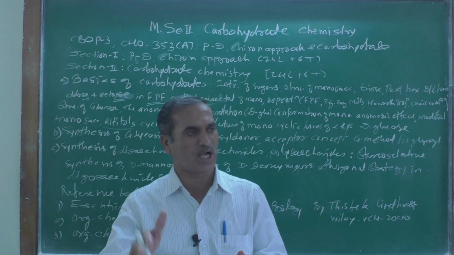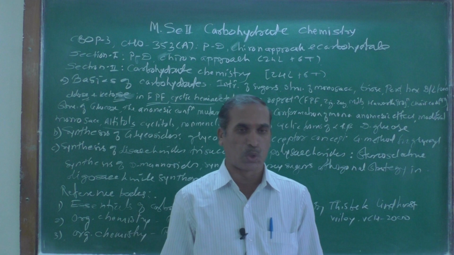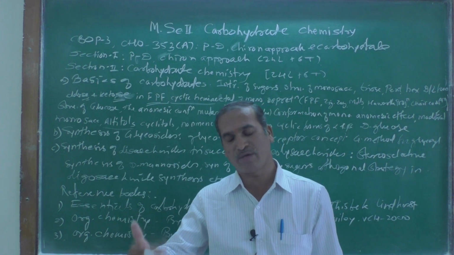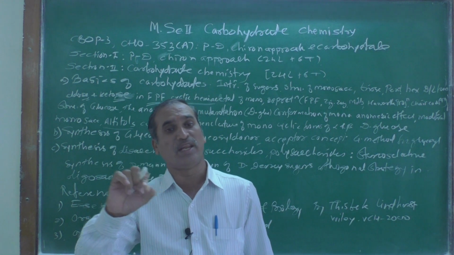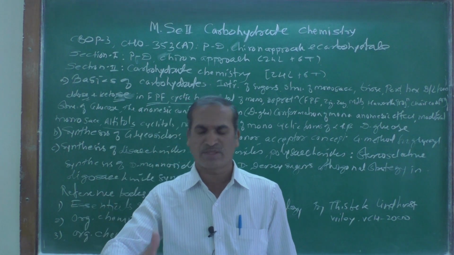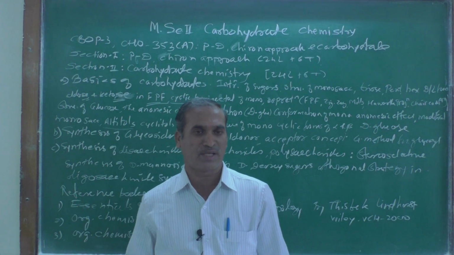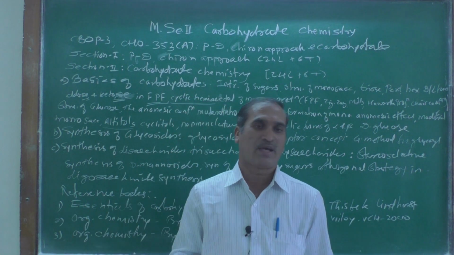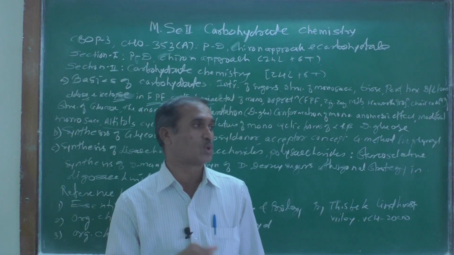Why are we calling it D-glucose? That D is nothing but a relative configuration, and when that hydroxy group is present on the right hand side, we refer to it as D-glucose.